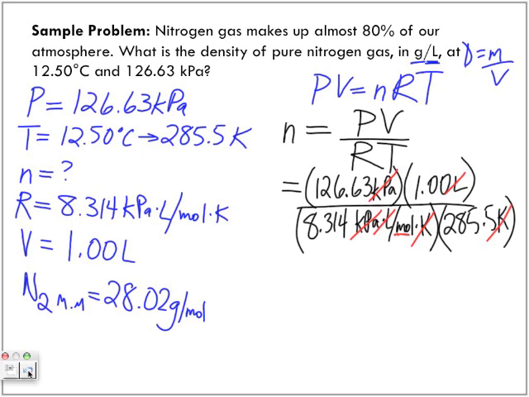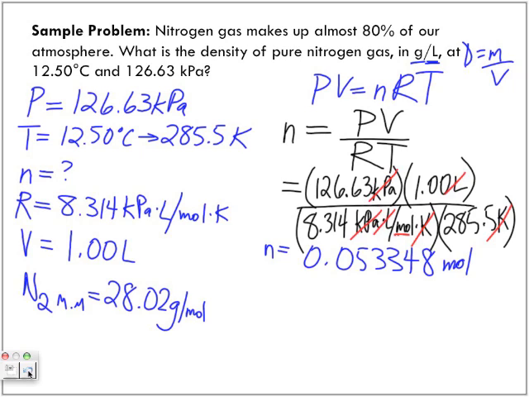So we know that mole will be the units that we're trying to find. So our N value is equal to, when we multiply all that and divide it, we end up getting 0.053348 moles.